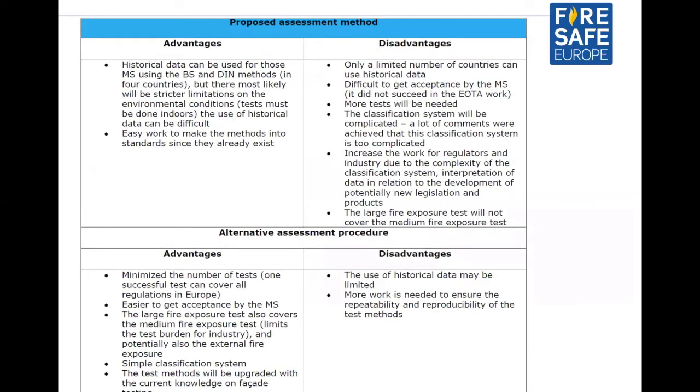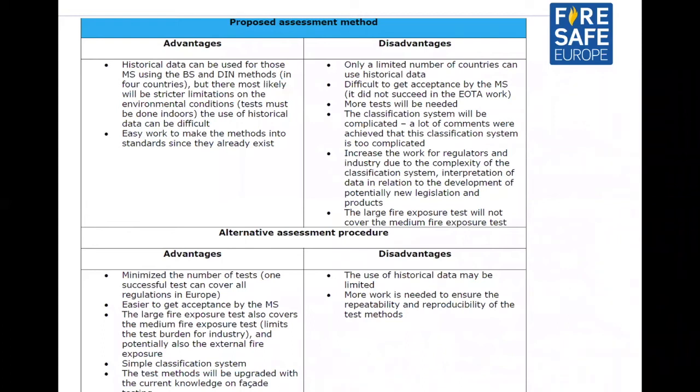If we look at advantages and disadvantages of the two alternatives, we can say that with the proposed method, that is, keeping the German and British standards as they are, we get the advantage that the historical data can be used. And that is, of course, very good for those who have made a lot of tests.